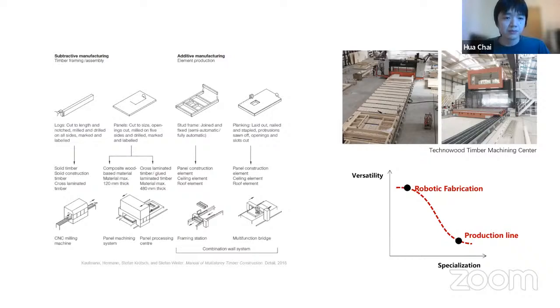And in the process of this automation, the flexibility of the production system, the flexibility to be adapted to different systems, has been getting lower and lower.